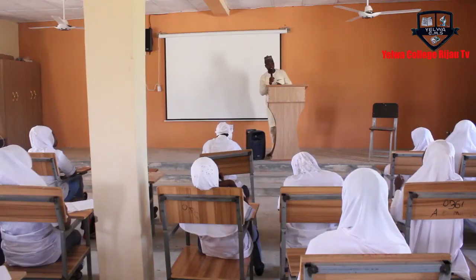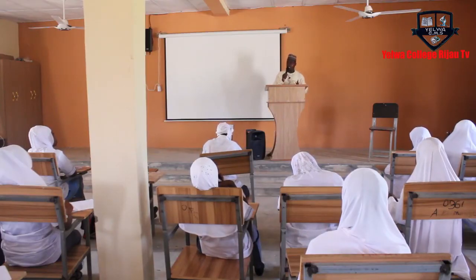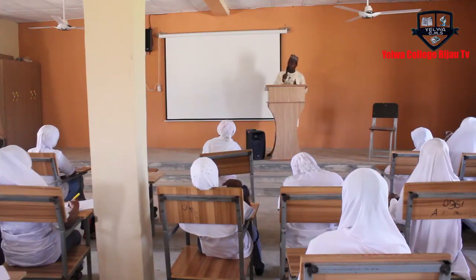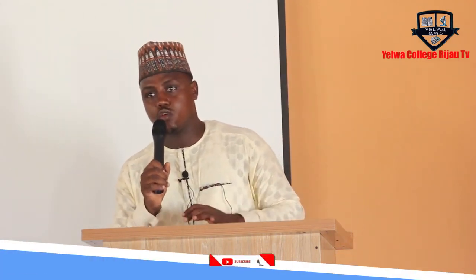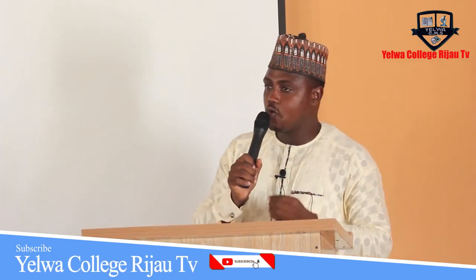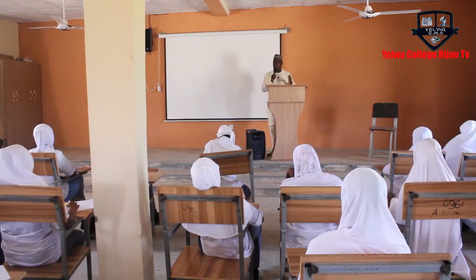Now the next one is the tally column, which is the same thing as the frequency column. The only difference between them is that in the frequency column we use numerical values, while in the tally column we use what we call strokes. So that even a layman who cannot read can at least understand what your table is saying.